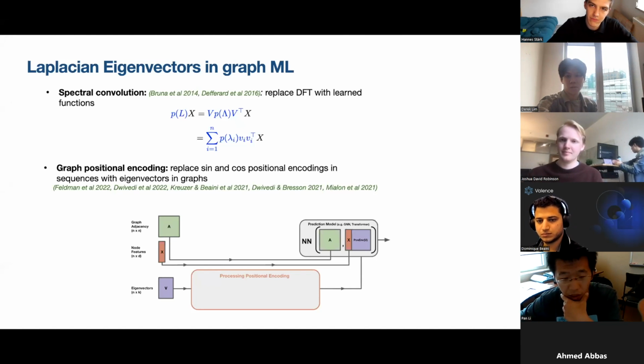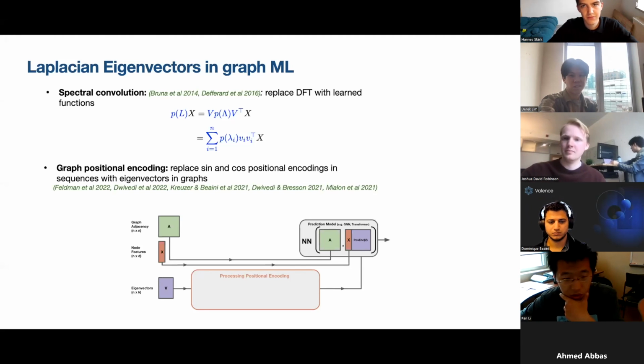We can use the histogram of eigenvalues to compare, and that representation power is bounded by something called co-spectral graphs. If two graphs are co-spectral, then you cannot use this positional encoding or histogram of eigenvalues to distinguish them.